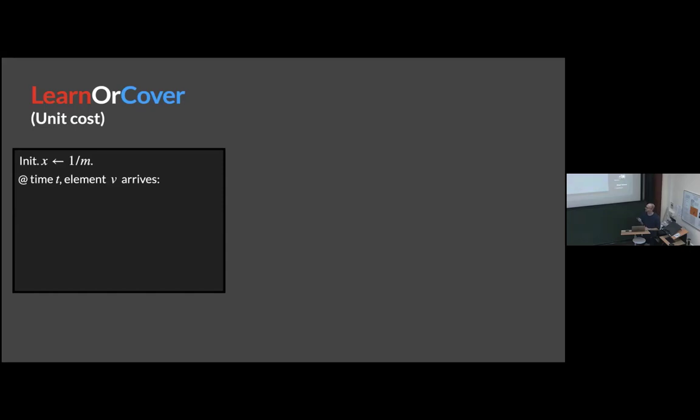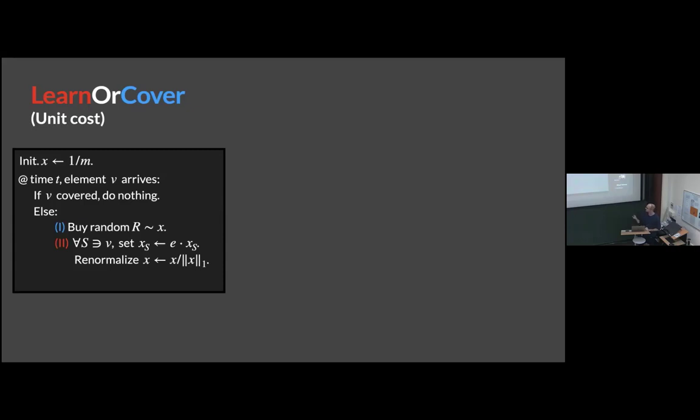At time t, an element v arrives. If it's covered, do nothing. Otherwise, we'll do something very similar to what we did before. Buy a random set from this distribution. And now for every set covering the incoming element, we should learn from this element that showed up. Let's give a boost to all the sets that cover the element: multiply their probability by e and then renormalize so that we stay a distribution.